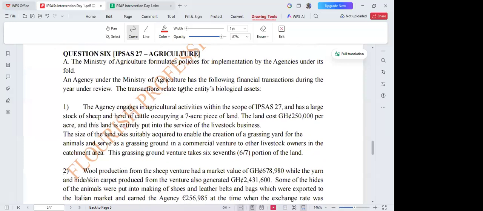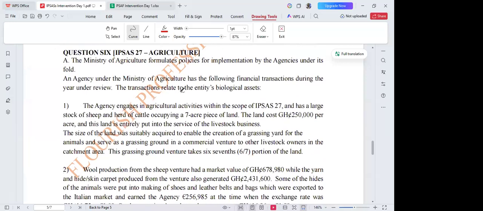Okay, let's go to question 6. Question 6, IPSAS 27 Agriculture. The Ministry of Agriculture formulates policies for implementation by the agencies under its fold. An agency under the Ministry of Agriculture has the following financial transactions during the year-end review.